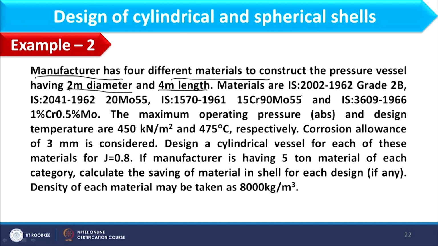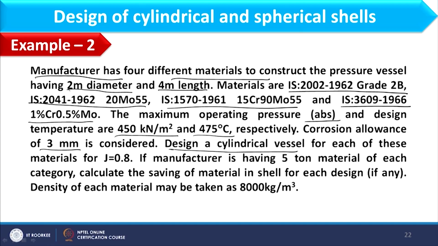Materials are IS 2002-1962 grade 2B, this is another material, this is another material, and the fourth material is this. All these 4 materials are used to construct the pressure vessel. The maximum operating pressure absolute and design temperature are given as 450 kilonewton per meter square and 475 degree Celsius. Corrosion allowance of 3 mm is considered.